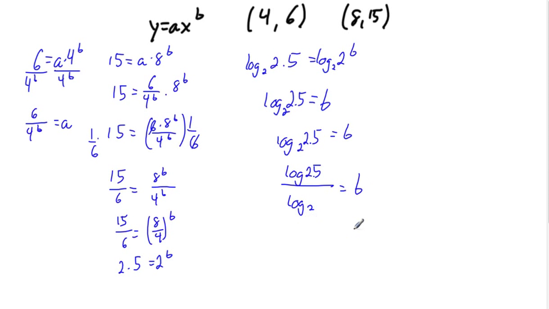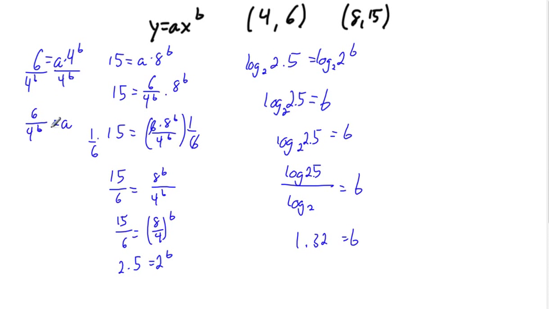This right here, this means that the base is 10, because that's the common log. And so the log base 2 of 2.5 is going to give me about 1.32. So if b is 1.32, I can put that into any one of my original equations.